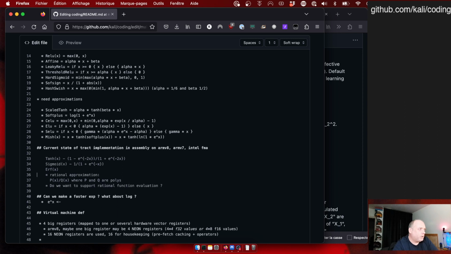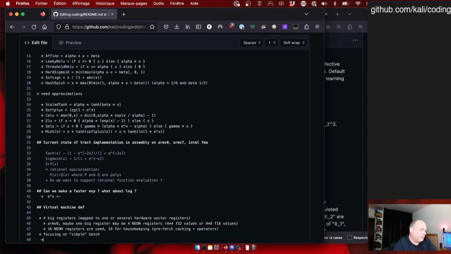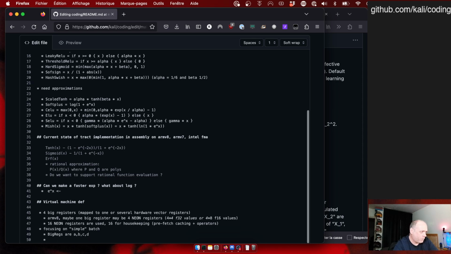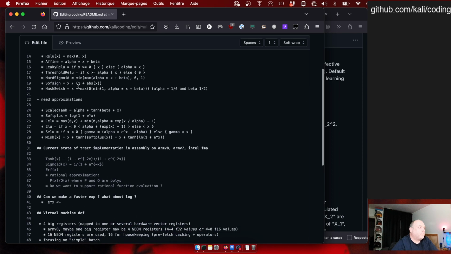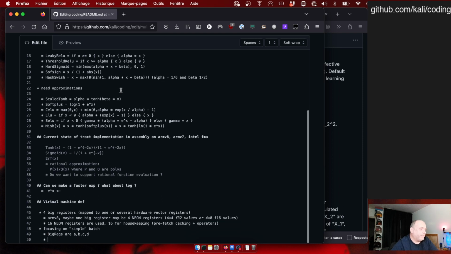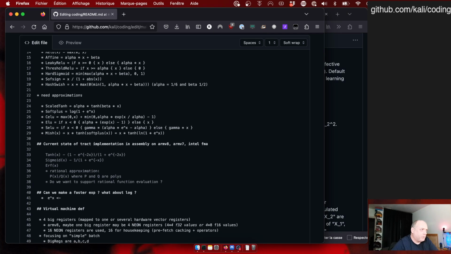Okay, so if I'm focusing on the simple batch, we'll assume that we have 4 big registers, or let's say A, B, C, D. Let's look at what we need in terms of operators. We have a max, we have multiply, we have plus, we have if-then-else, we have what?